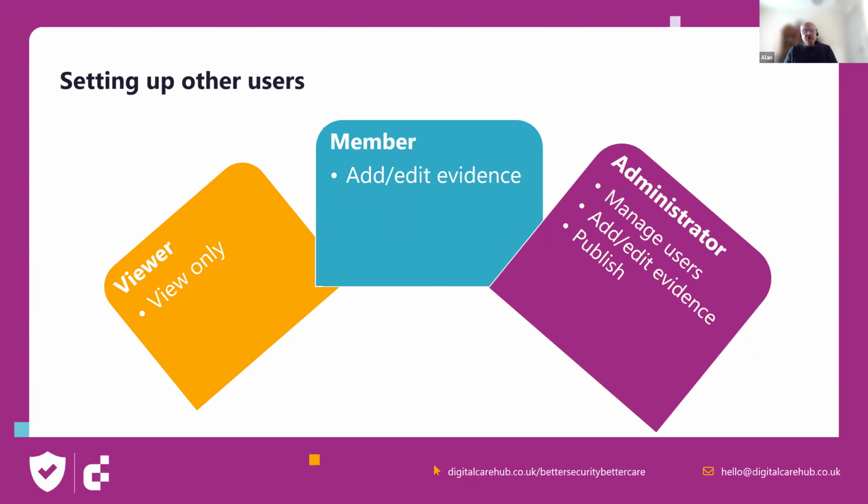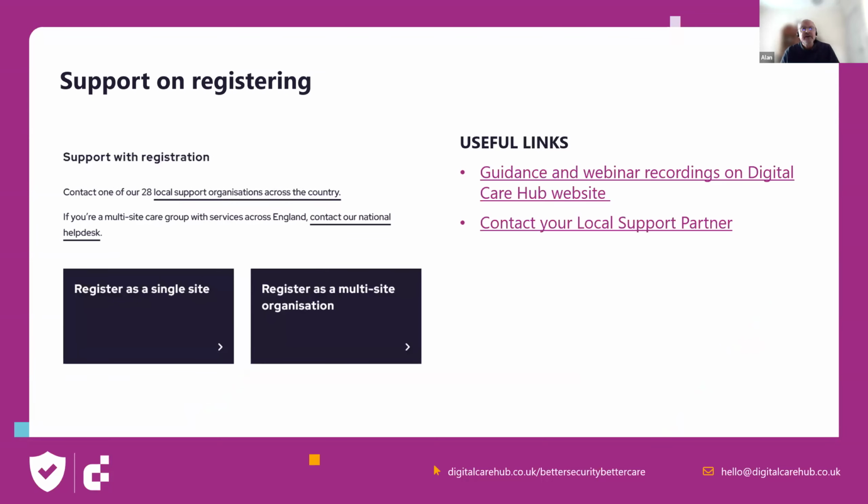But if you do need support on registering, then there is further assistance available to you. You can either contact one of the 28 local support organisations. You can go to the Digital Care Hub, where there's information as indicated at the bottom there, or if you're a multi-site group and you want to gain clarity about ODS codes and the registration process, then contact the National Help Desk, as the middle link there shows on the left-hand side.